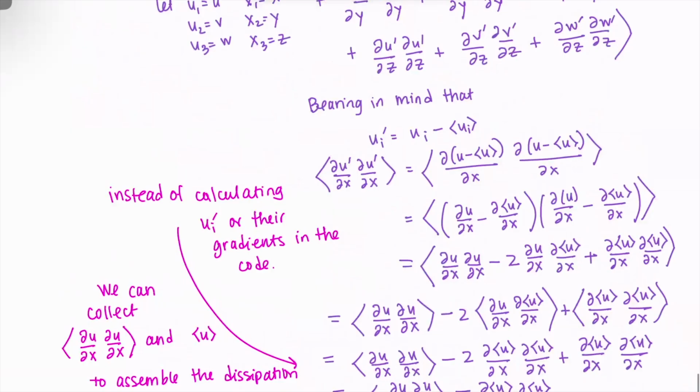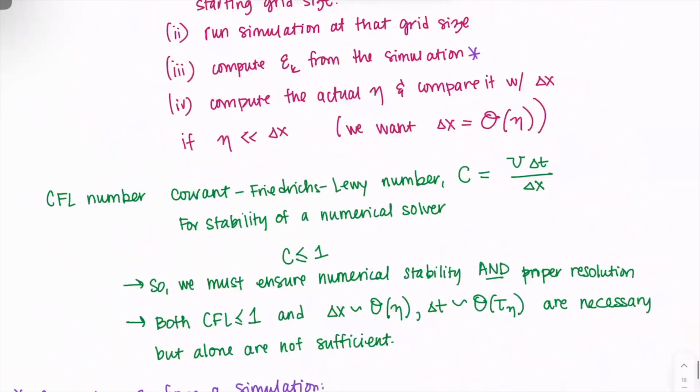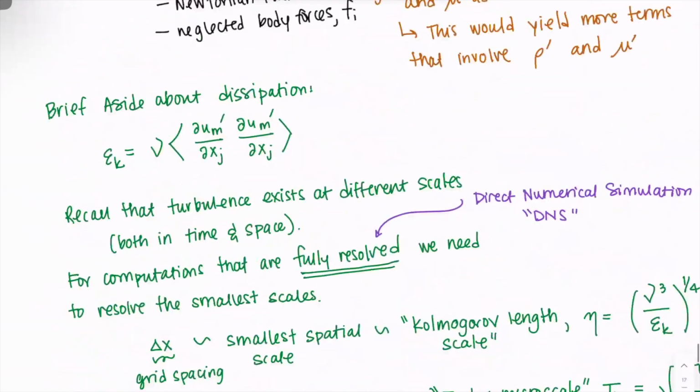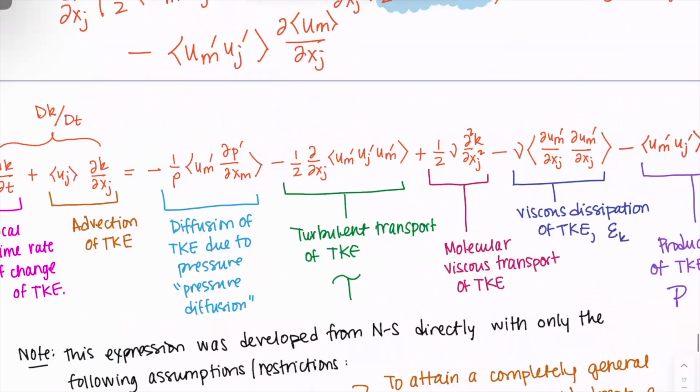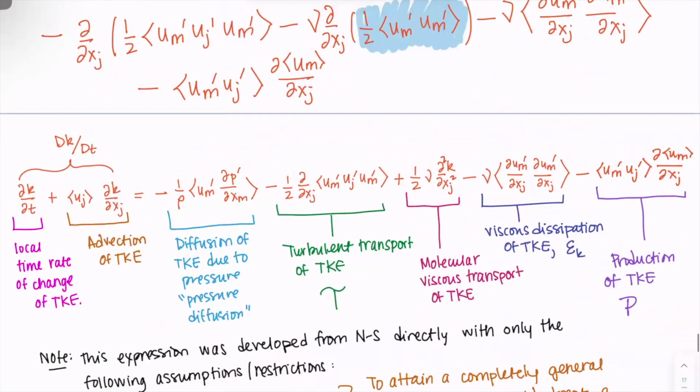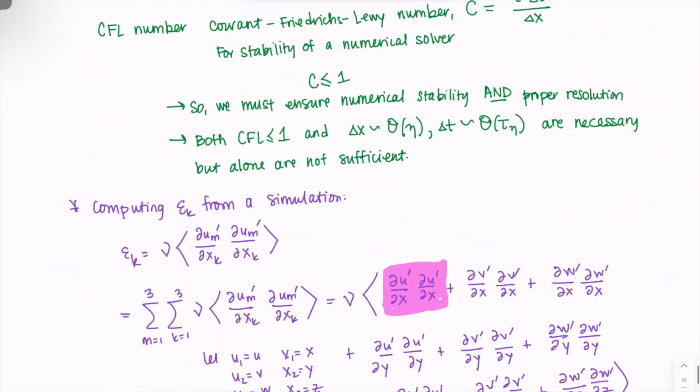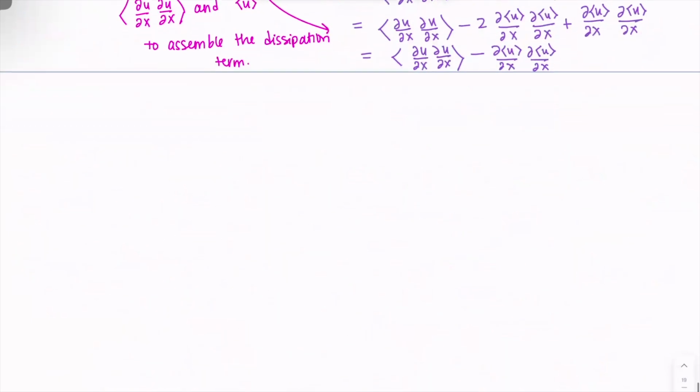So let's go back and remember what we were trying to do. We now have a transport equation for the turbulent kinetic energy. If you remember, we had a model that involved TKE. So our turbulent viscosity involved K. So I'm just going to rewrite this so that we can remember.